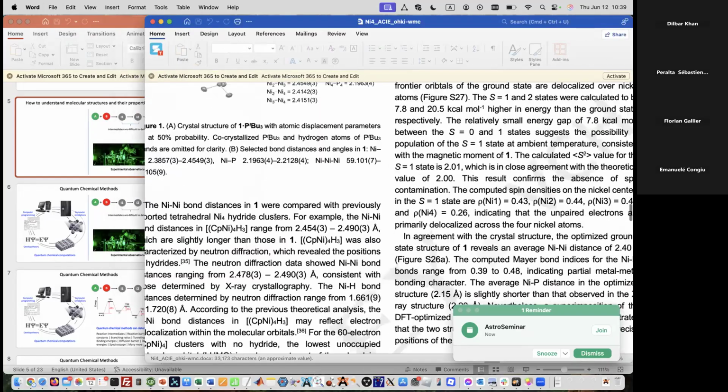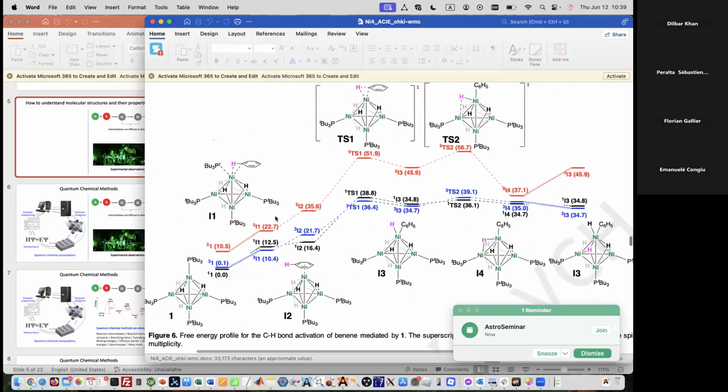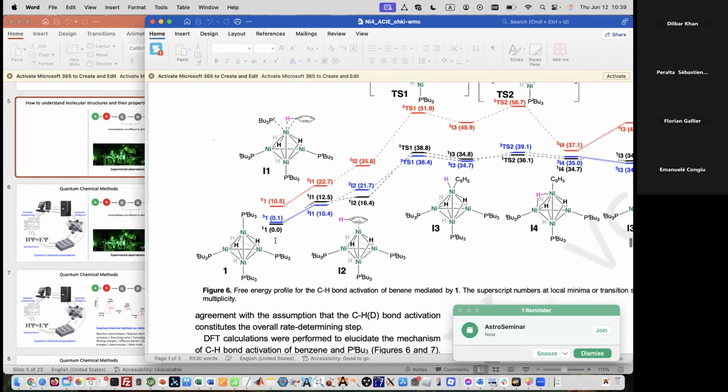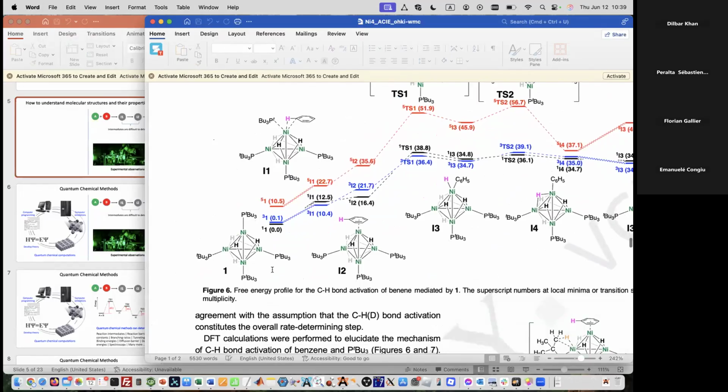For example, this is just an example. This reaction you can see here. This is a nickel complex, and this complex has 3 spin states, and singlet and the triplet states are very close to each other. So during the reaction, you can see sometimes the singlet and triplet can exchange.